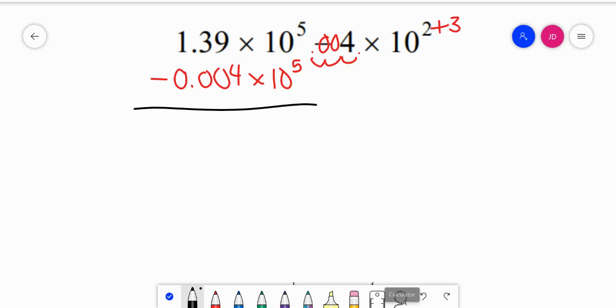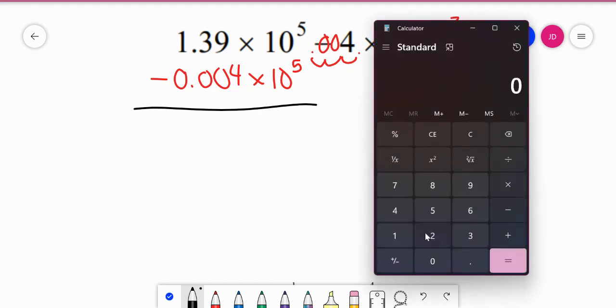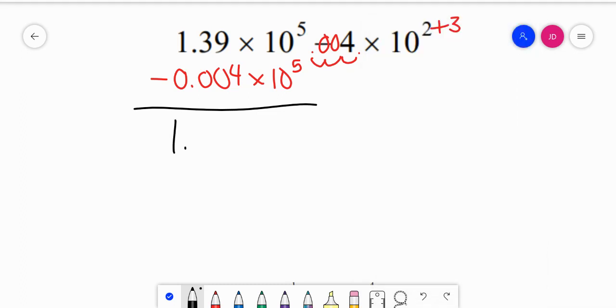I'm going to do 1.39 minus 0.004, and I get 1.386, and I keep the times 10 to the 5th power. Luckily, this number is in scientific notation. We have one non-zero digit before the decimal.